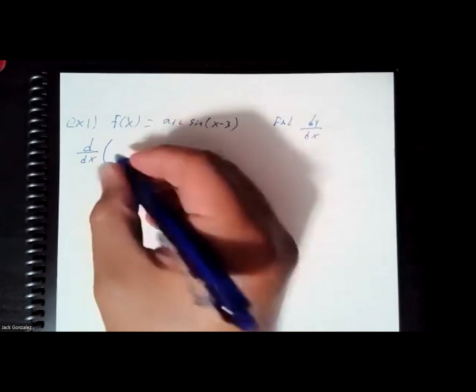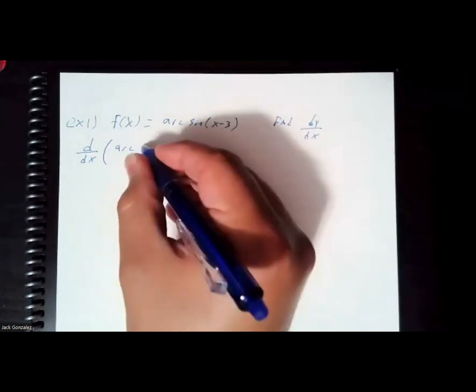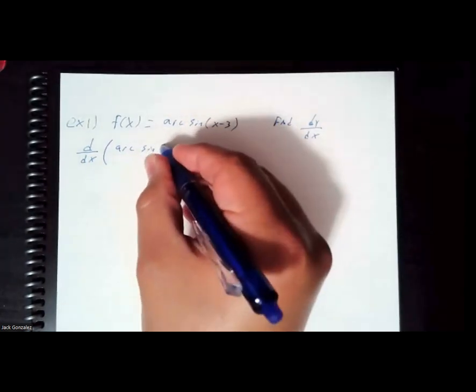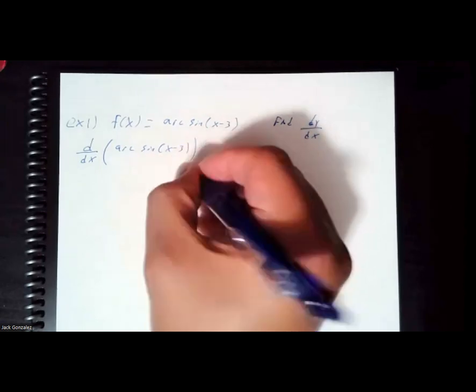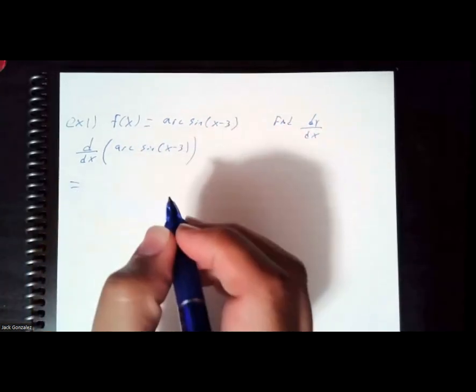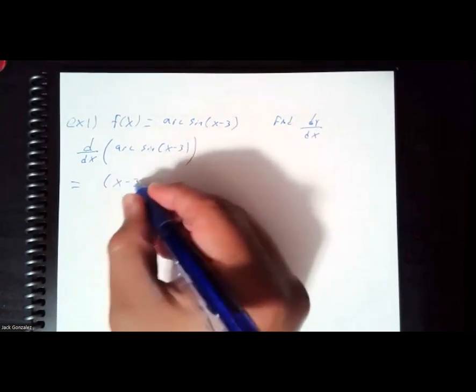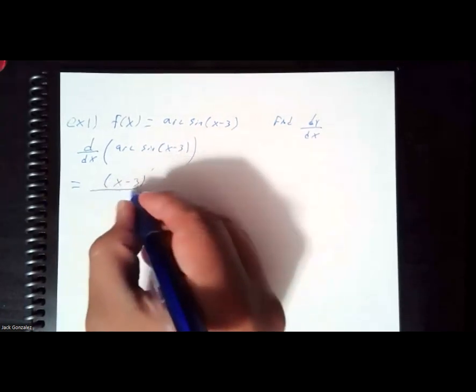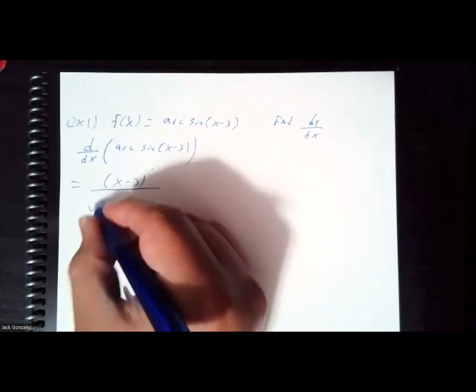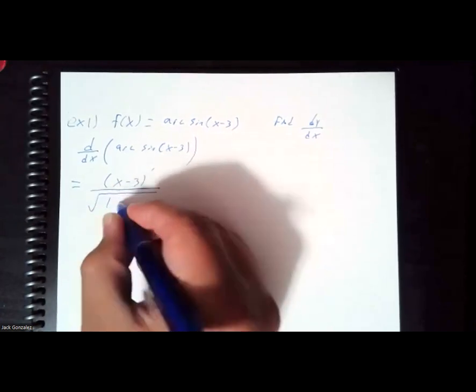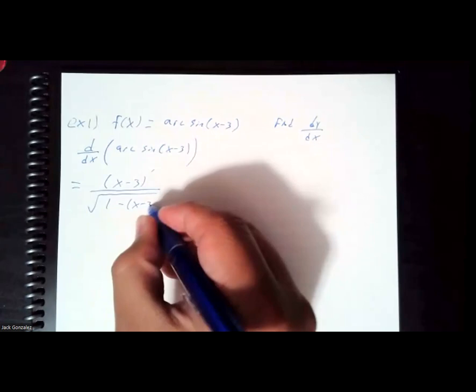So the derivative of arc sine of x minus 3 is equal to, so the formula says take the argument, take a derivative of that, divided by the square root of 1 minus (x minus 3) squared.